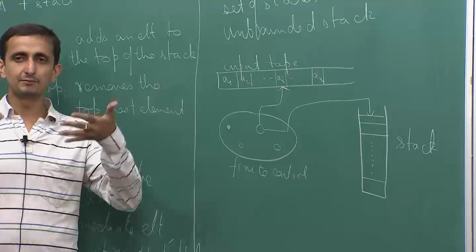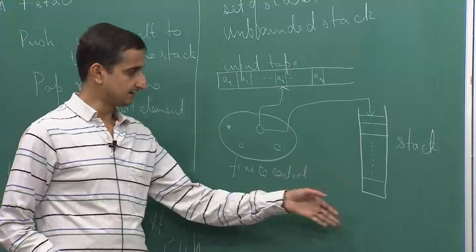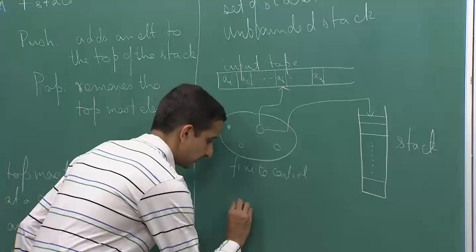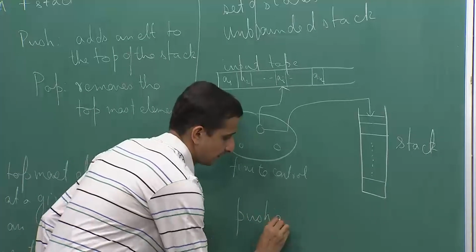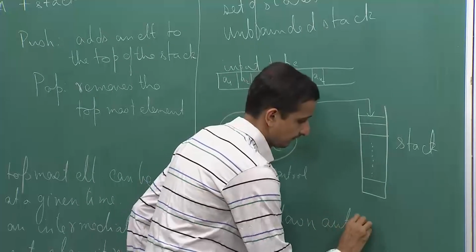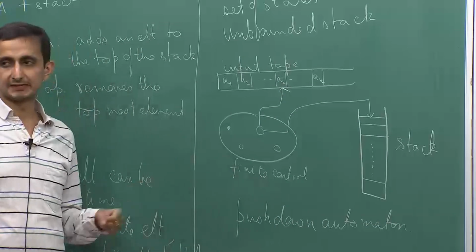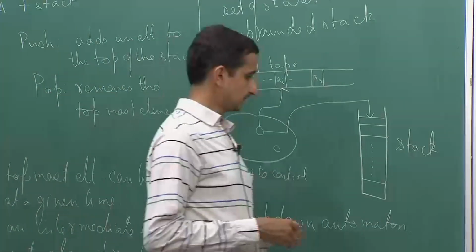I mean, it can add more elements to it, or it can remove elements, okay, but there is no bound on this stack. So, this is what a pushdown automaton basically looks like. Okay.